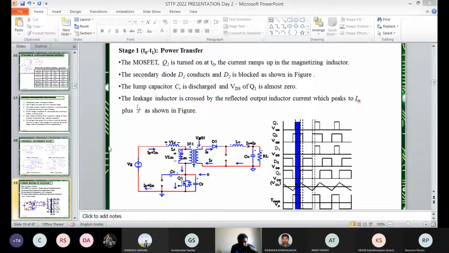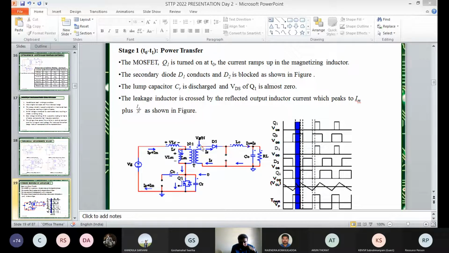Where IP is the primary current, IM is the magnetizing current in the transformer, and LM is the magnetizing inductance of the transformer. In this case on the secondary, diode D1 gets forward biased and diode D2 gets reverse biased. That's why the primary side input voltage will be transformed to the secondary by the gain of Vg by N. That's why it is called the power transfer mode.